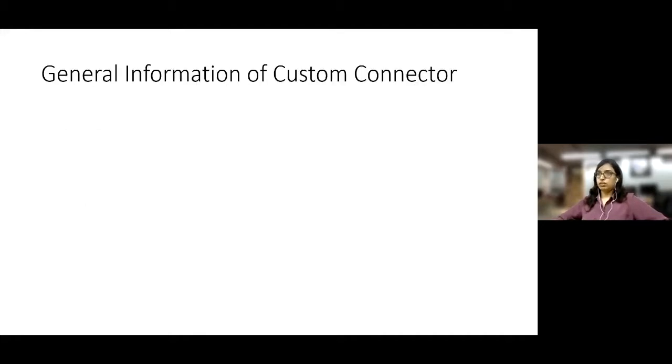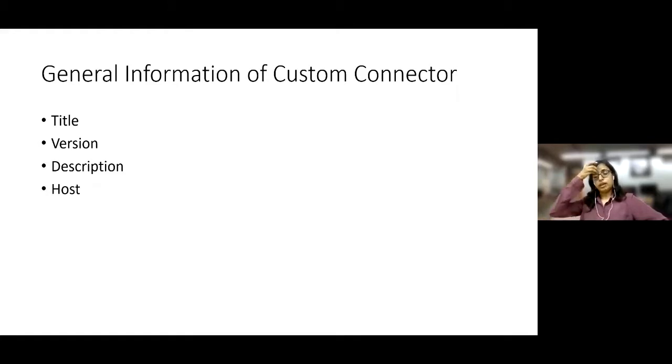All right, so what general information of the connector needs to be provided while creating a new connector? One is you provide the title of the connector, then you can maintain versions of the connector, and provide the description of what the connector does. Then you provide the host. If you are using Graph API, then we provide graph.microsoft.com, or if you are using your own API, you provide whatever host name the API uses.